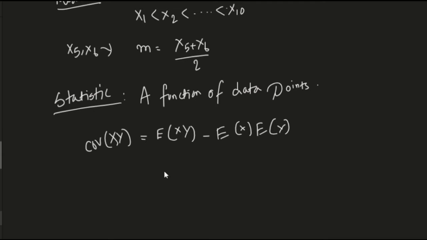so covariance of x comma y would be E of XY minus E of X into E of Y, right?